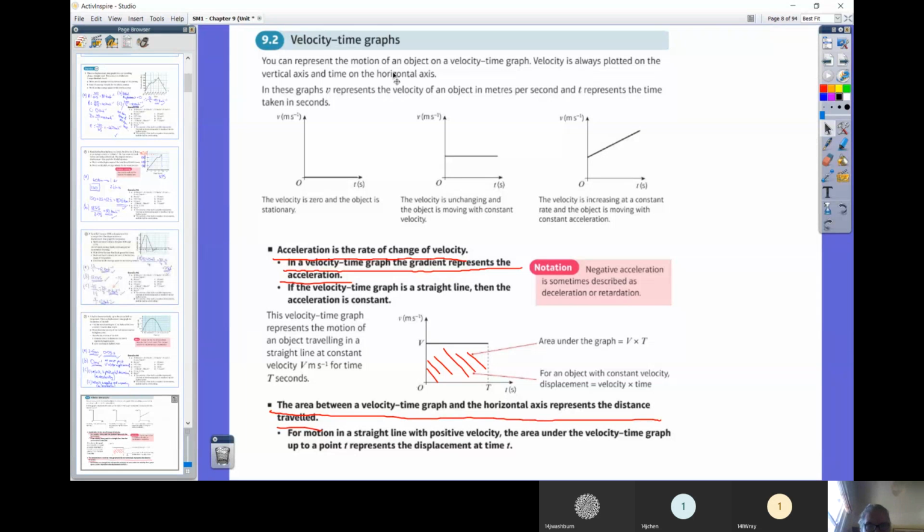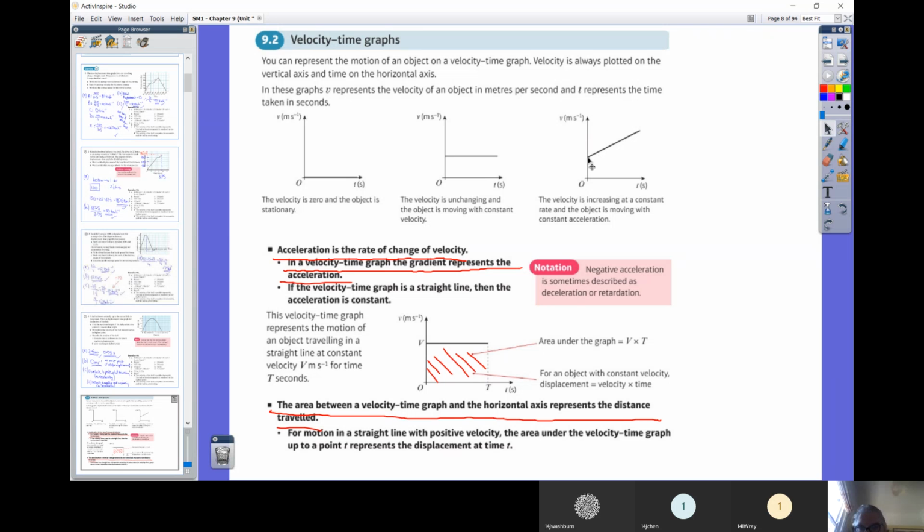So we're now looking at velocity time graphs. Time goes along the x-axis, our velocity up the y-axis. Again, if you've just got a line along the x-axis, your velocity is 0, you're stationary. If your velocity is constant, then your speed isn't changing, you're not accelerating, it's just constant velocity.